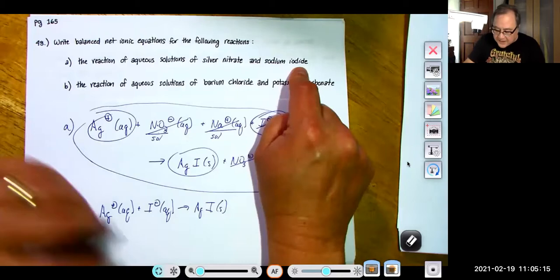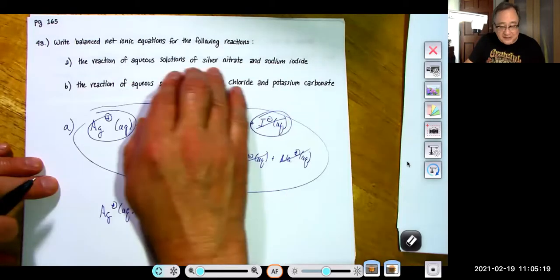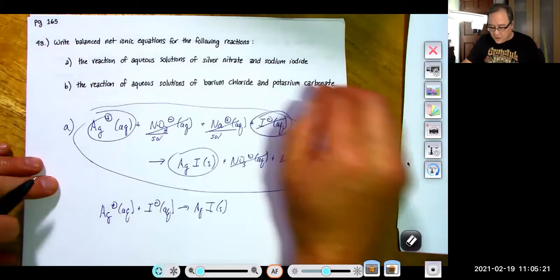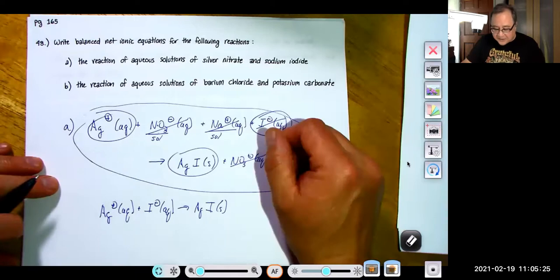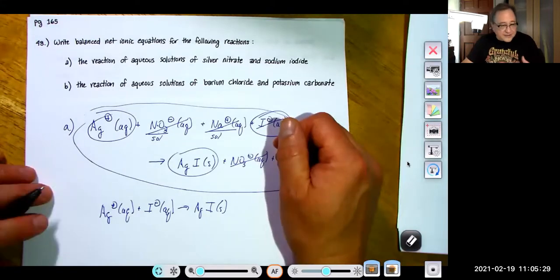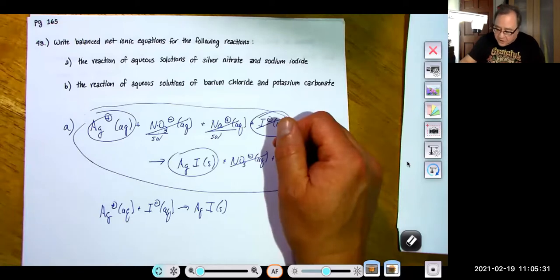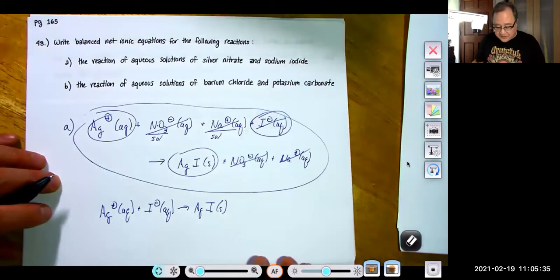Why do I think it's not an acid base? I don't see the names of any acids or bases in here. Why do I think it's not a gas forming reaction? Well, I know gas forming reactions happen when you have a carbonate in there, also sulfites and things like that. And I don't see those. So that's why I was thinking, oh, this is probably a precipitation reaction.